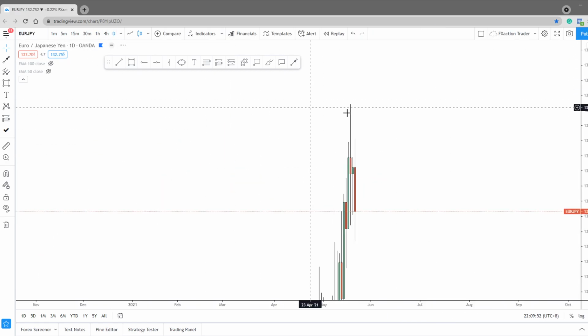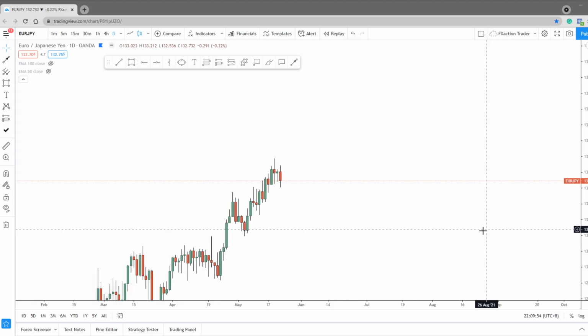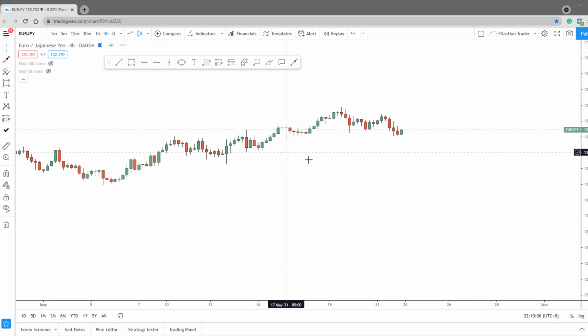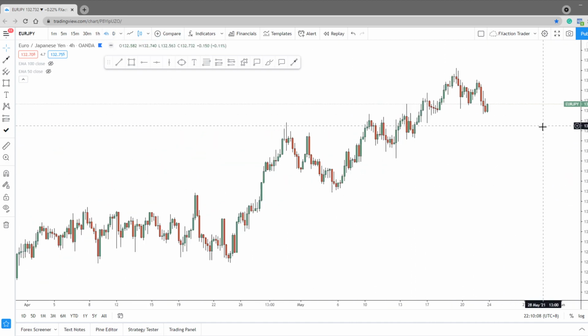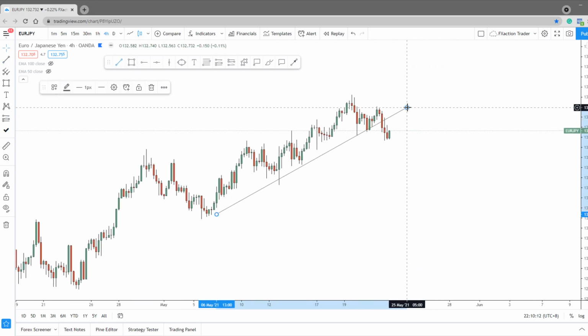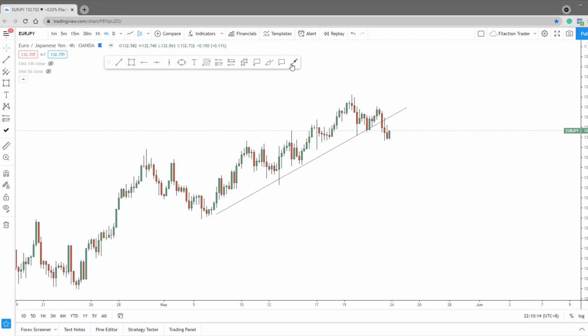So for the Euro Yen this week, what we can see is that on the daily chart, market is still in a very strong uptrend. We still did not see any signals or any symptoms of a downtrend structure. But on H4, we can see that market has actually broken the H4 trend line and a new lower low has been formed.